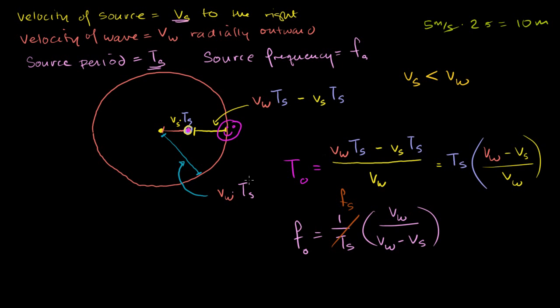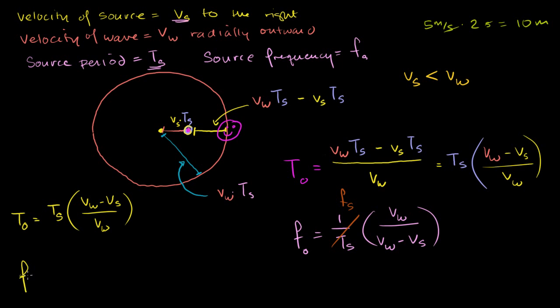We have our two relations, at least if you are in the path, if the velocity of the source is going in your direction. I'll rewrite them. The observed period of the observer is going to be the period from the point of view of the source times the velocity of the wave minus the velocity of the source, divided by the velocity of the wave itself.